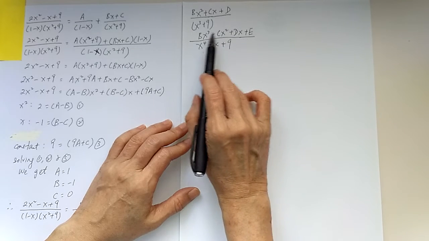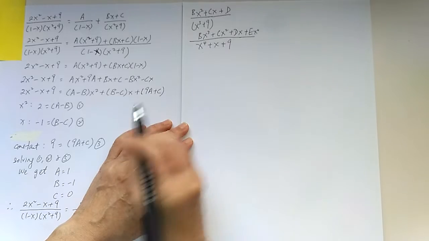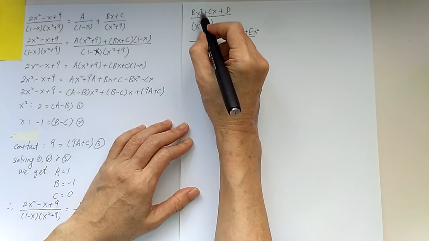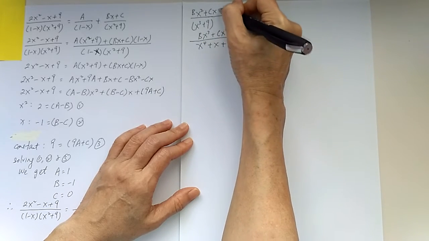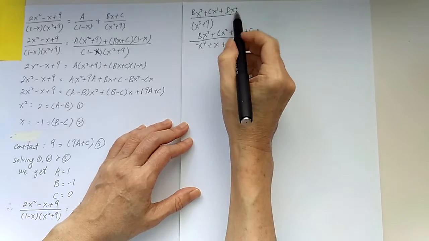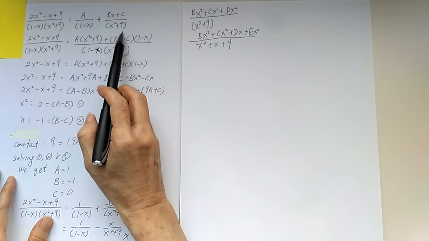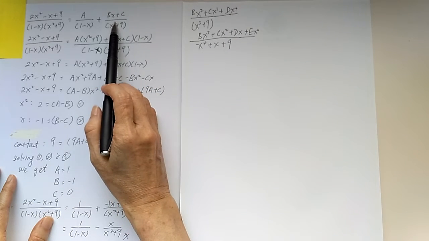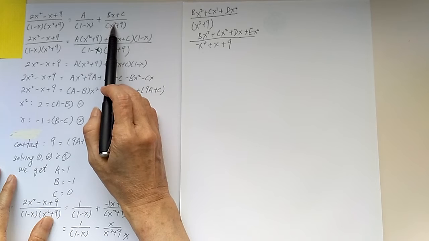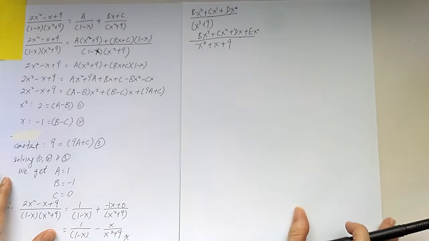It has to be from x cubed, x squared, x, and then x to the power 0. X to the power 0 is 1. So in this case, x squared plus 9, one order lower will be x, and then all the way to constant.